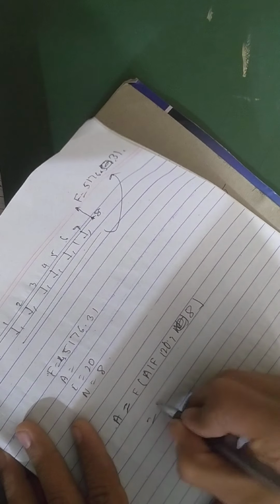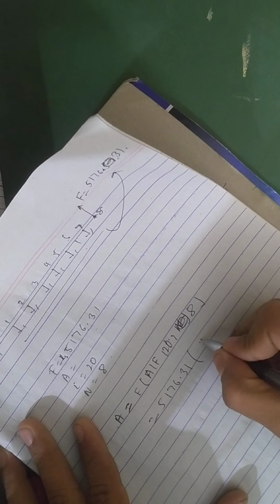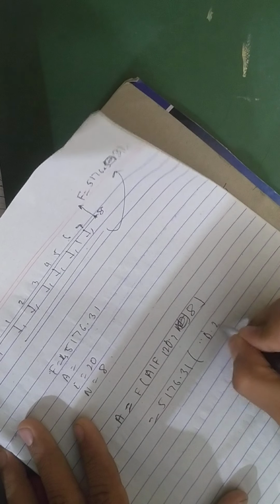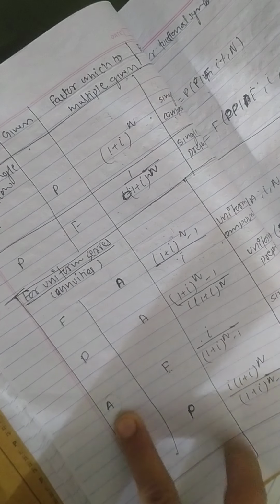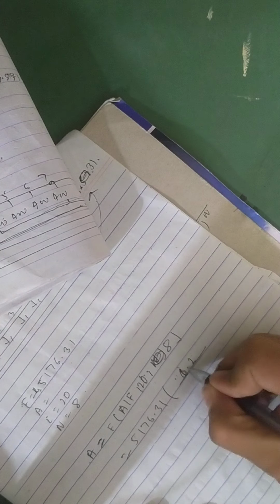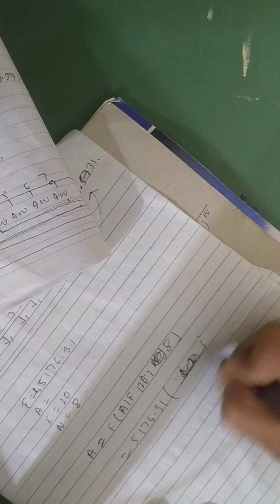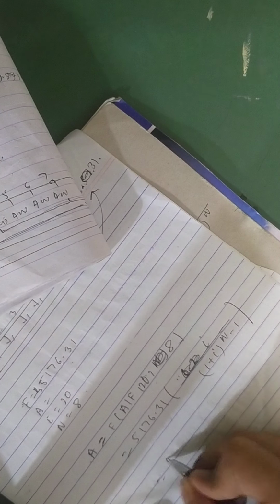Now what is the formula? I am confused. So we have to find the annuity given F: A equals F times i upon (1 plus i) to the power n minus 1. Okay, no problem, i means 0.2. This is the formula.